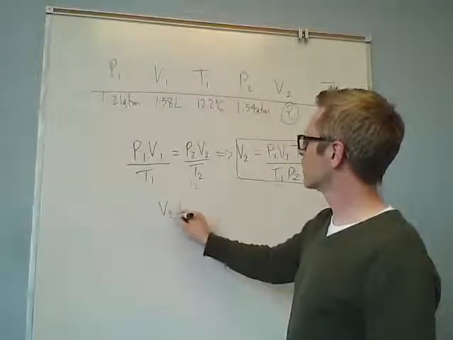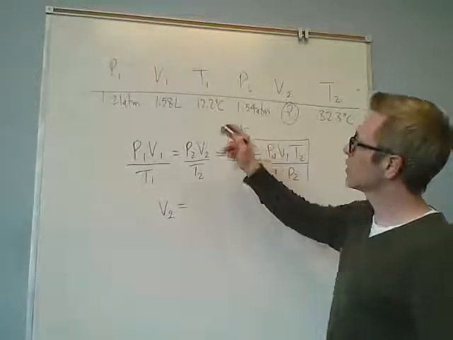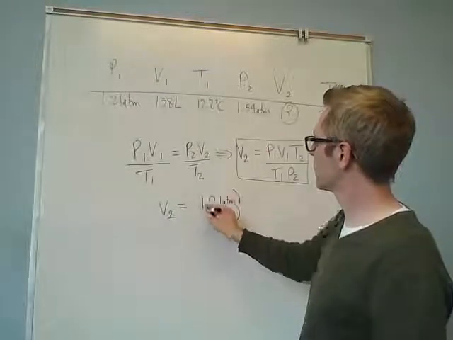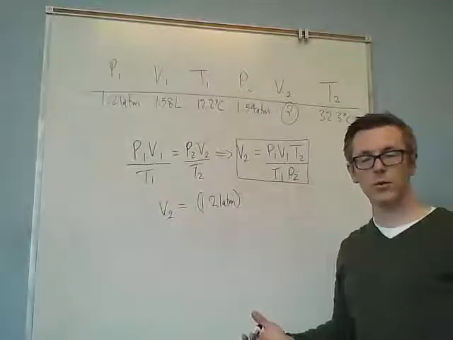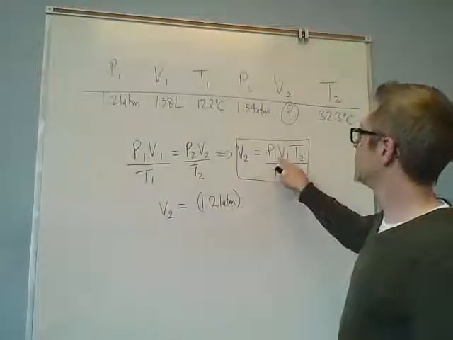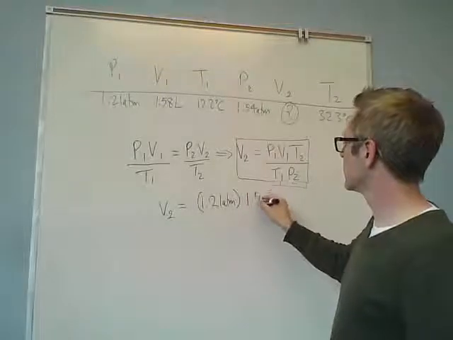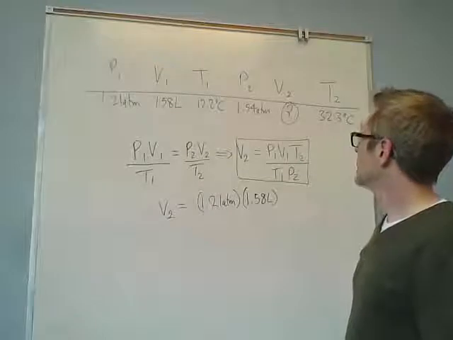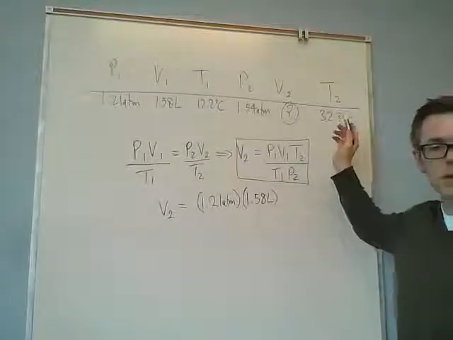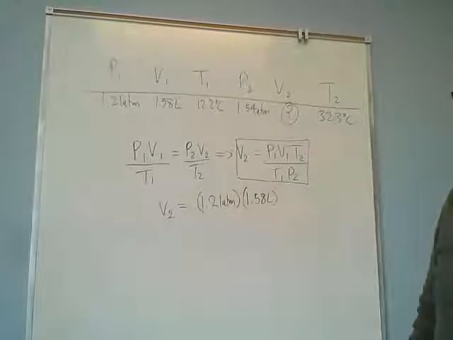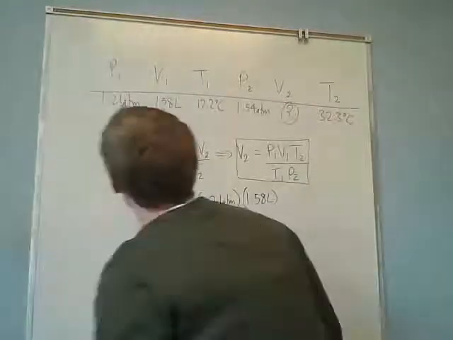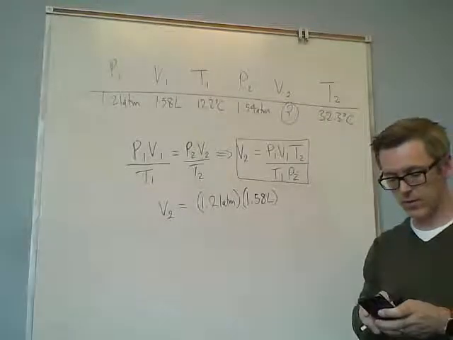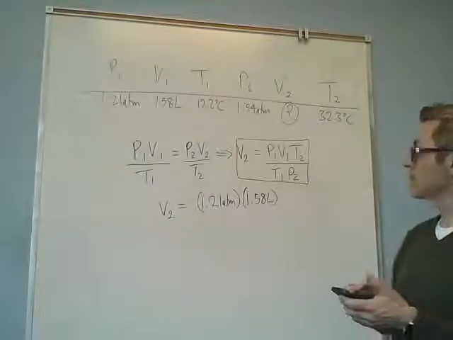So V2 is just P1, which is 1.21 atmosphere. We're just going to use basic algebra now, no need for dimensional analysis. V1 is 1.58 liter. T2, remember, you can only use Kelvin in the calculations. So remember to add 273 to this number to get Kelvin.